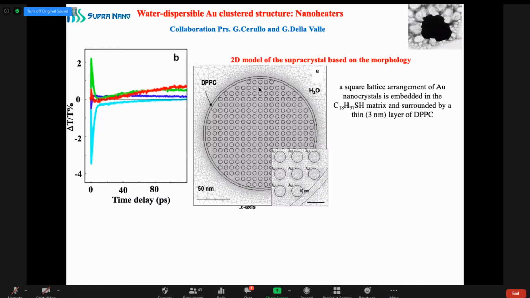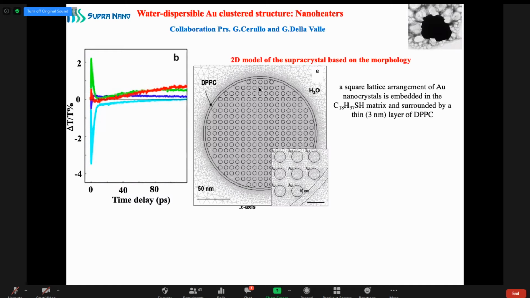So we have the pump, which excites the metal, and the pump absorption initiates a chain of energy transfer involving various energy degrees of freedom. So they use a semi-classical temperature model, and in this model they take into account the non-equilibrium electrons in the metal, the thermal electrons, the temperature effect, and the metal lattice.